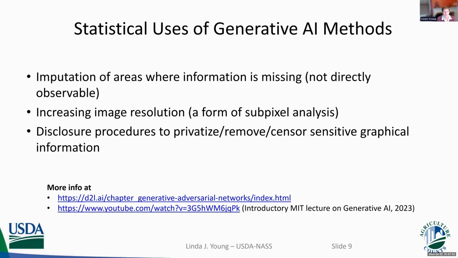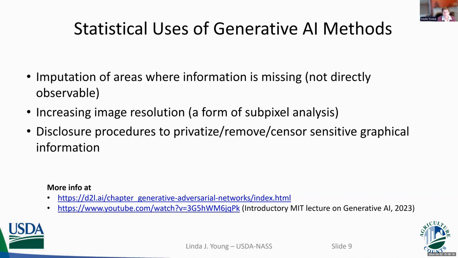Now, ChatGPT is in the news, and we've heard many things about its use for text-based analyses. But we have some statistical uses of generative AI methods for images as well. They can be used to impute for areas where information is missing in an image or not directly observable.